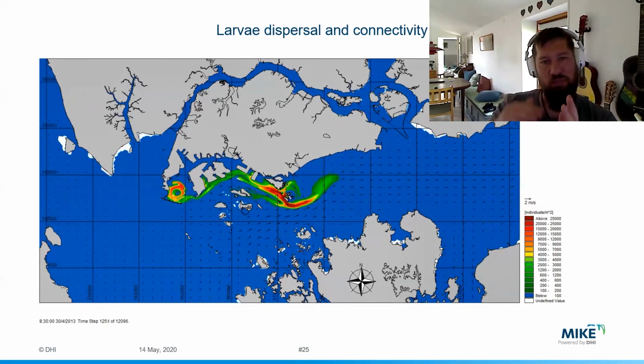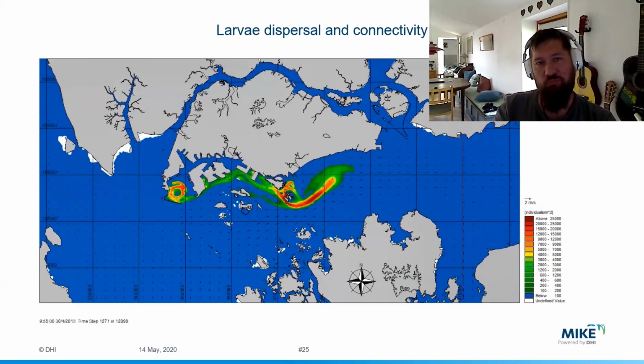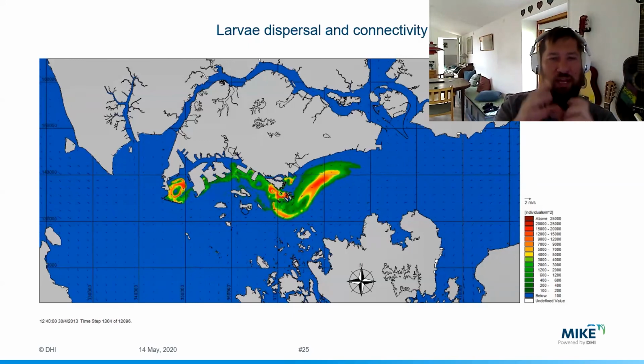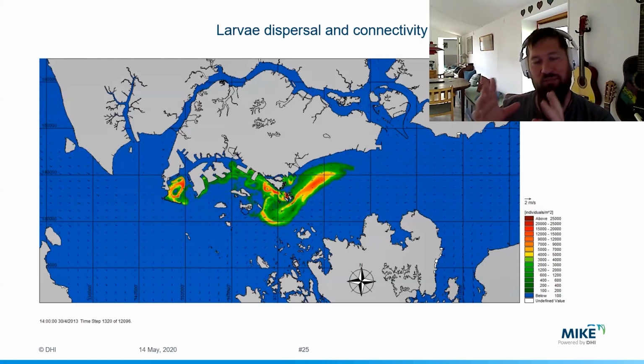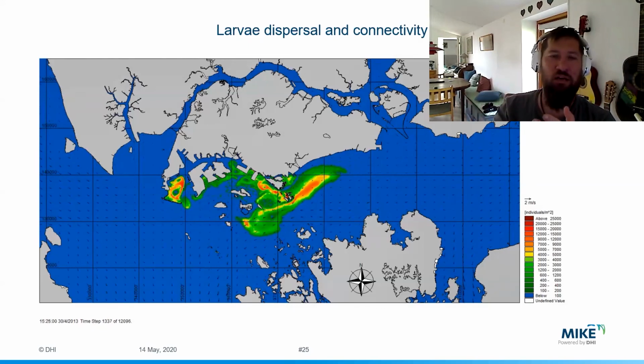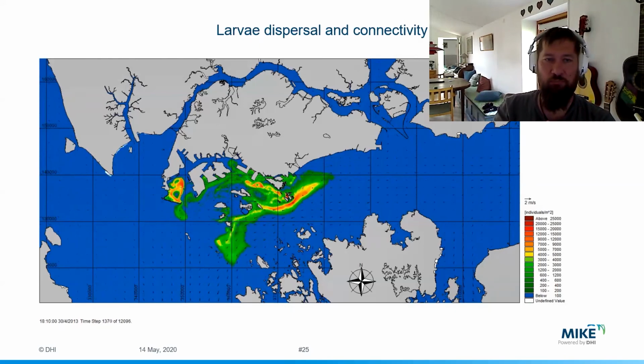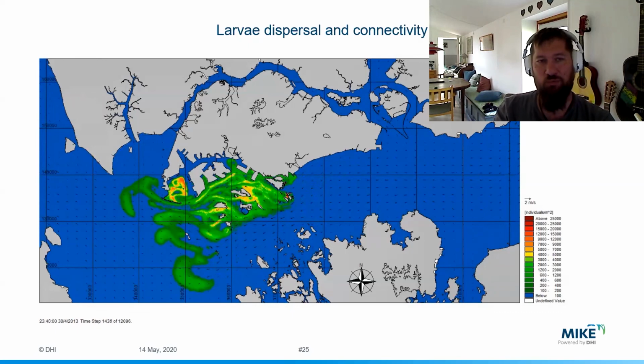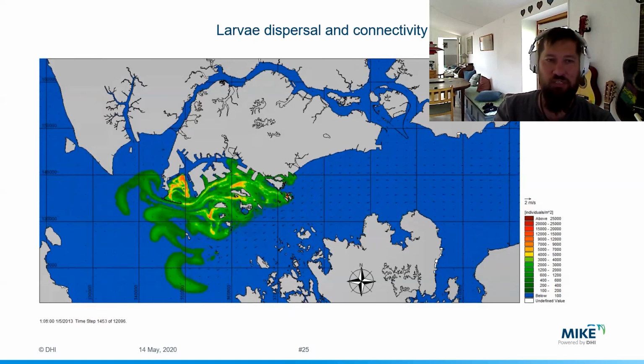They will rise and fall in the water column, and at some point they'll settle. They'll go from being an egg to a larva, and from a larva they will settle. It's coral larvae, these ones. So this is a very nice way of investigating connectivity between a spawning site and potential settling areas.